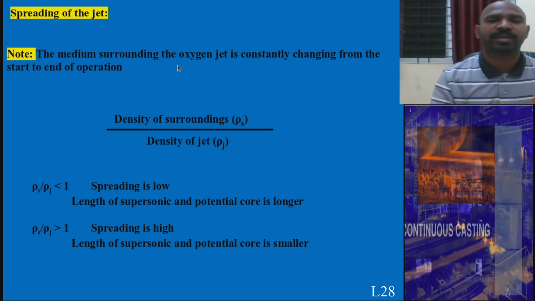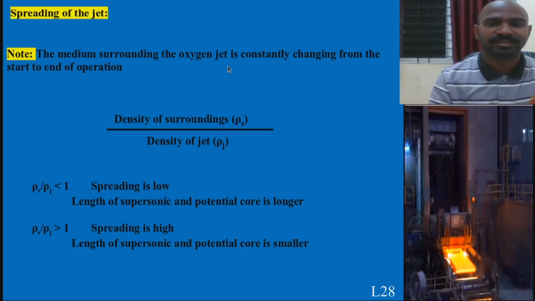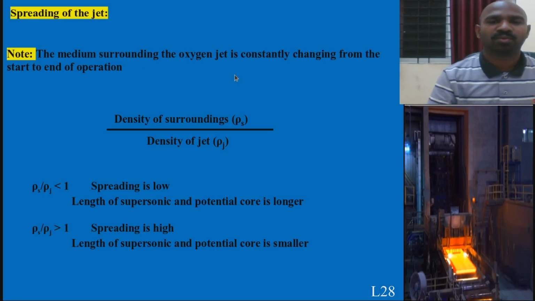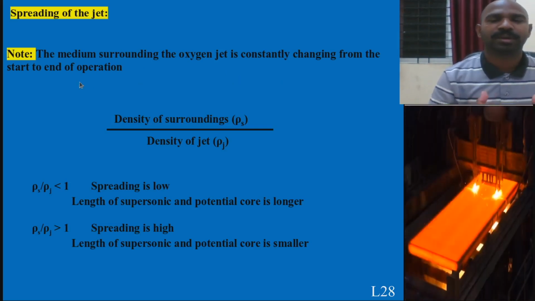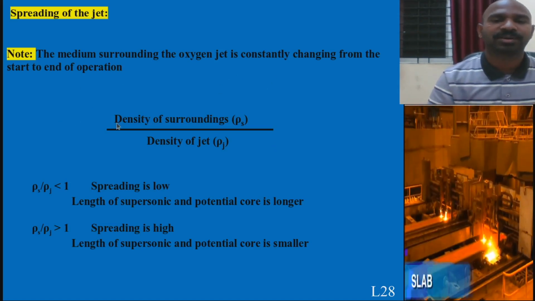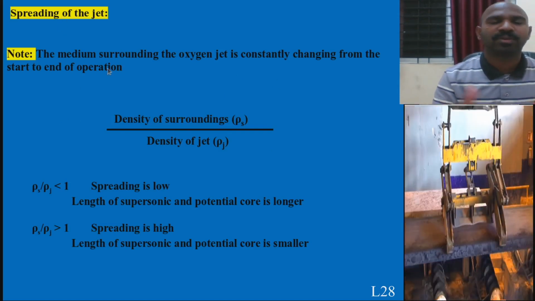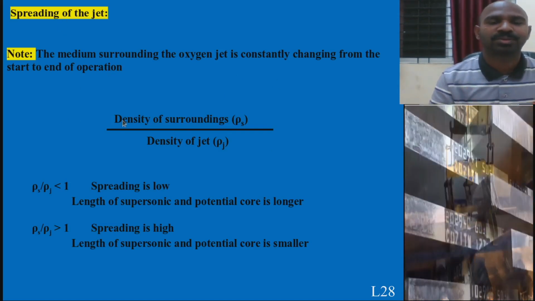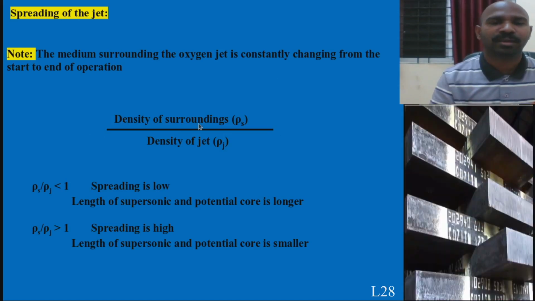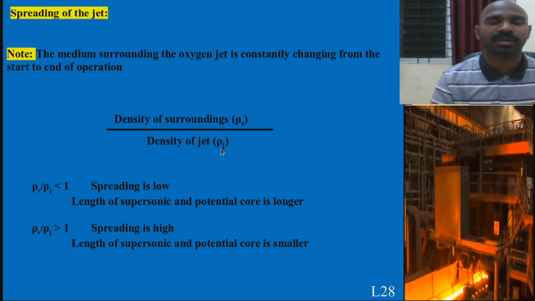The medium surrounding the oxygen jet, in this case molten steel, constantly changes from the starting point to the ending point as the distance proceeds, because of the surrounding interaction. So the spread of the jet can be estimated by the ratio of the density of the surroundings, the molten steel, to the density of the gas jet.